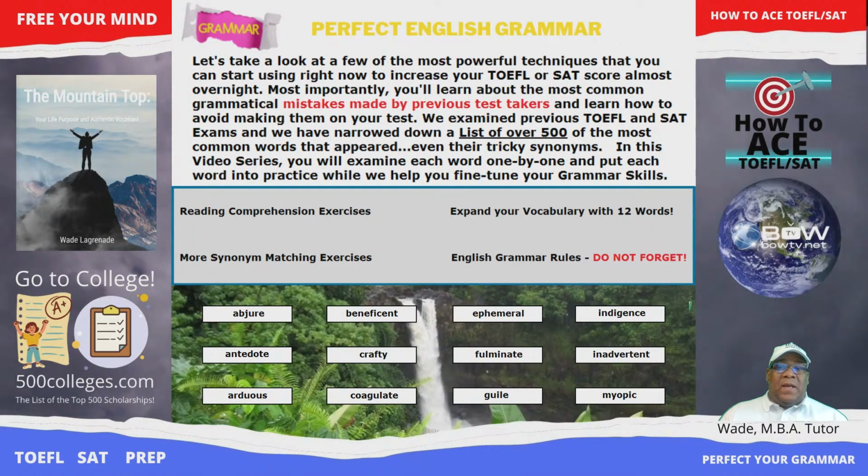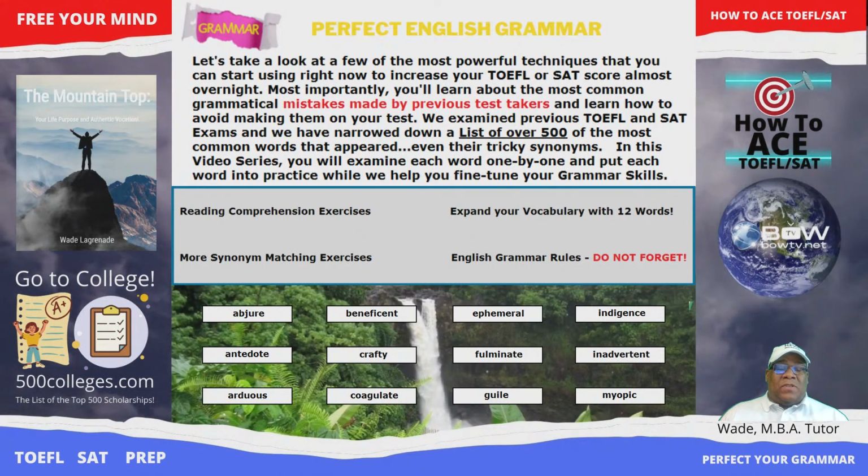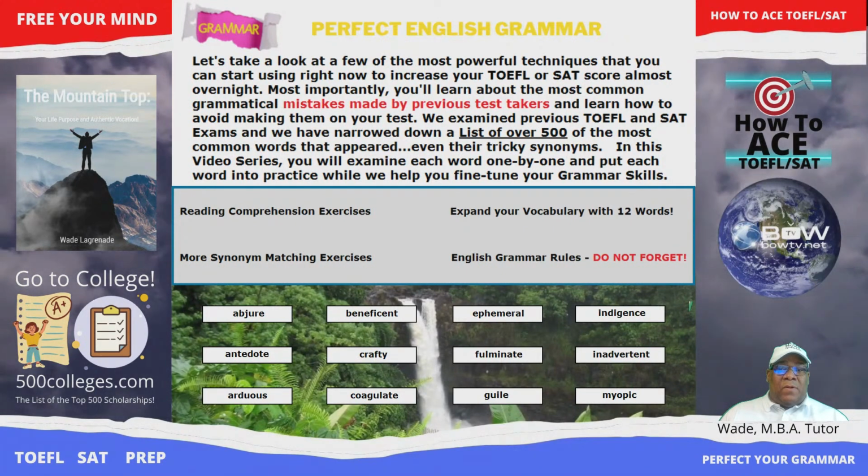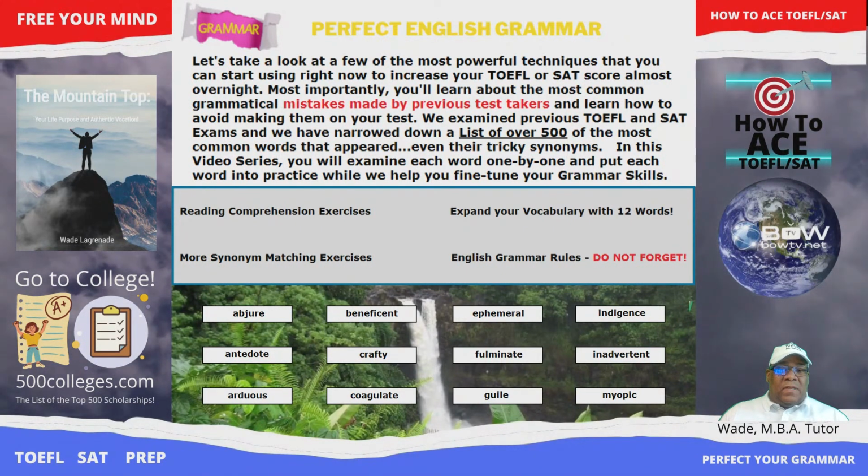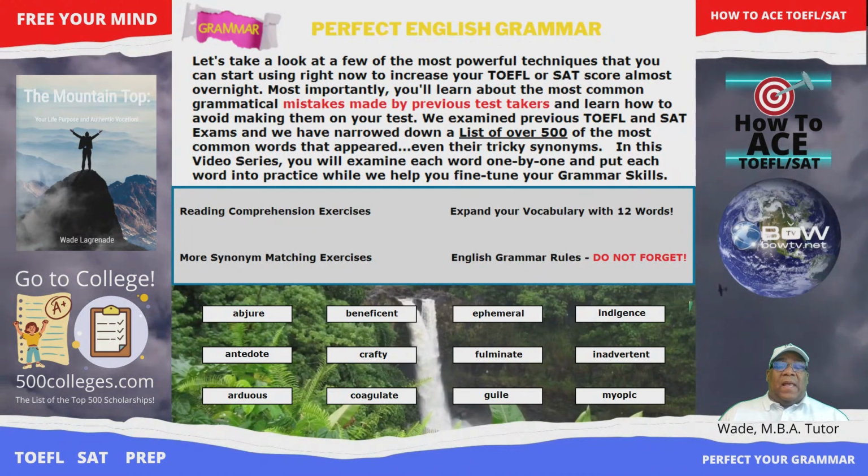We are well on our way to that list of 500 or 600 words and beyond, even with their tricky synonyms. And we're touching on different grammar skills along the way to help you brush up on your grammar skills while you learn how to put together reading comprehension exercises with your new set of vocabulary words that we're using in depth, taking a look at how to pronounce the word properly, the sample sentence, the type of word it is, and its meaning, and incorporating them into reading comprehension exercises.